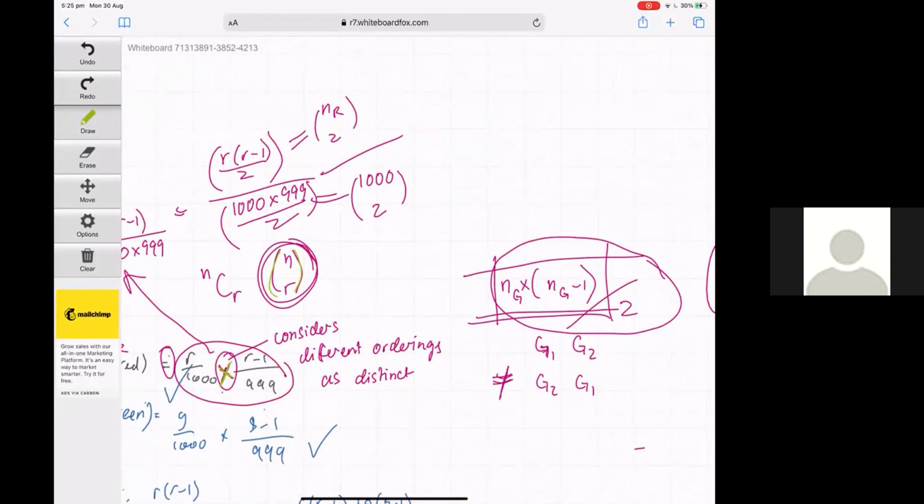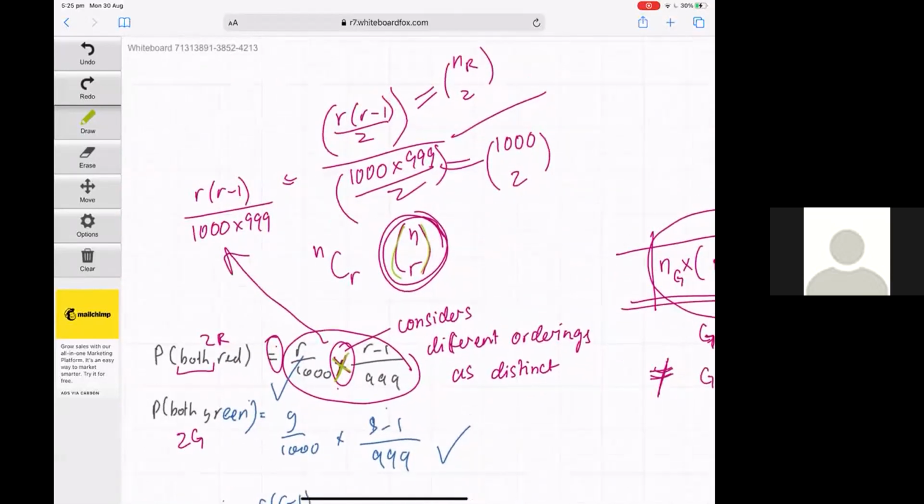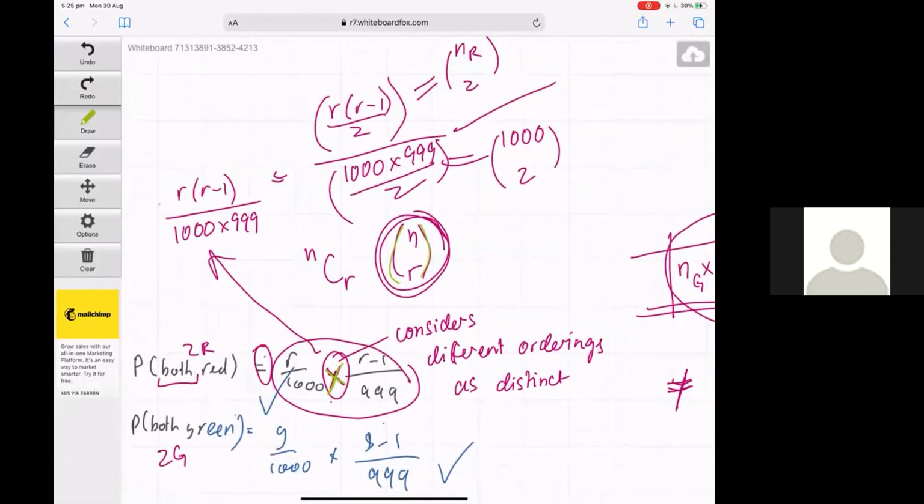In this question, if you account for order on the top as well as the bottom by not dividing by 2, it doesn't have an effect in the end because the division by 2 just cancels out on the top and bottom. So this works, but just be careful about when you account for order and when you don't.